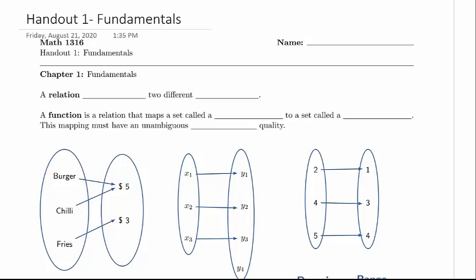This is from chapter 1 in your book, The Fundamentals. So let's start off with the first bit. A relation maps two different sets together.